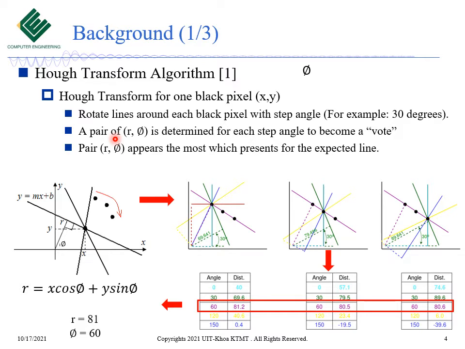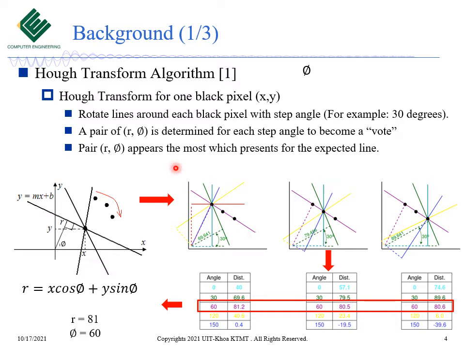Finally, the pair of radius and phi that appears the most represents the expected line. Here, for example, if the line goes through 3 pixels, this means that this is the expected line. This means the lane line.